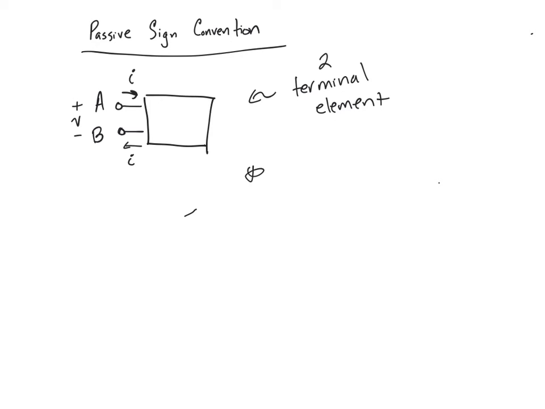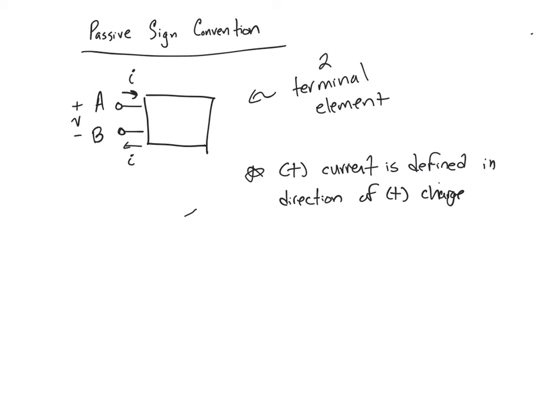We do this because positive current is defined in the direction of positive charge flow. In other words, the opposite direction of electrons. So if current is moving from A to B in that direction, we're implying that electrons are moving the other direction. Because electrons are negatively charged particles, they're going to be attracted to the positive polarity.